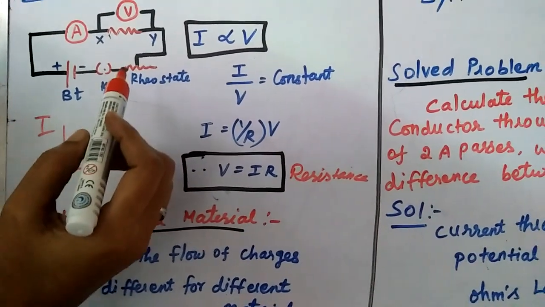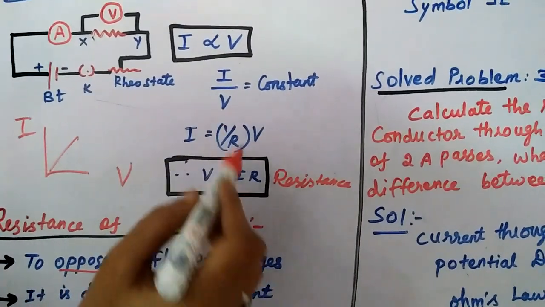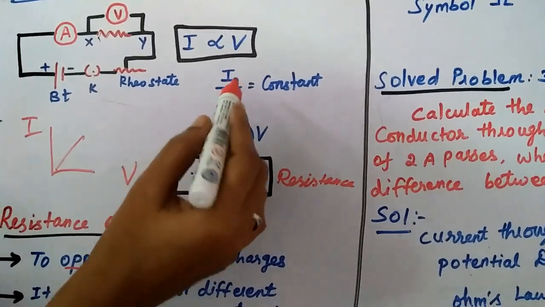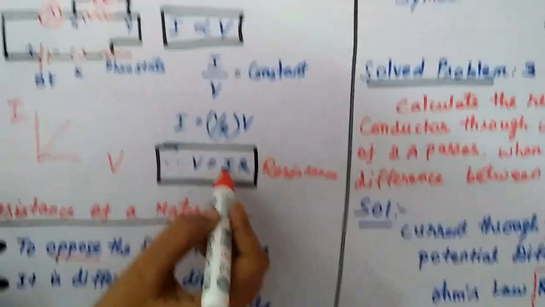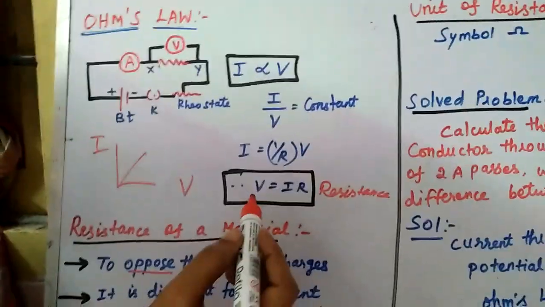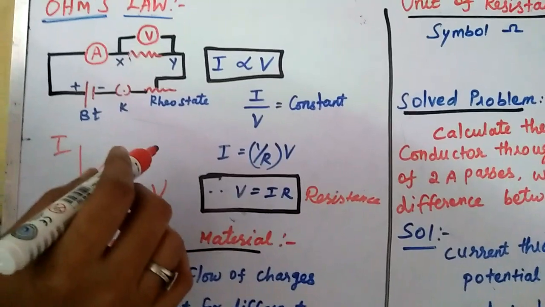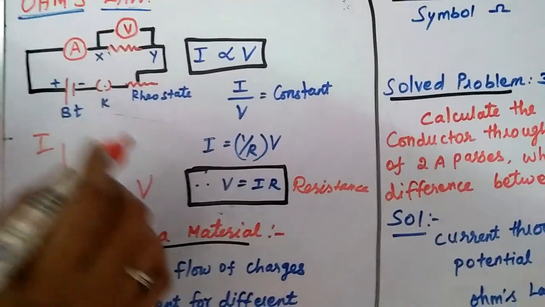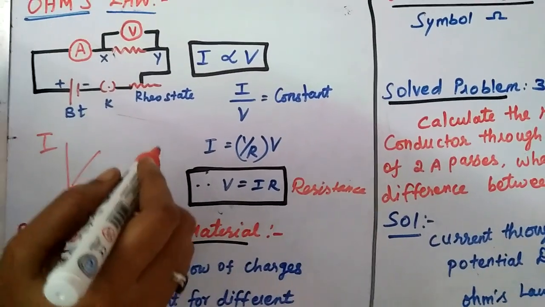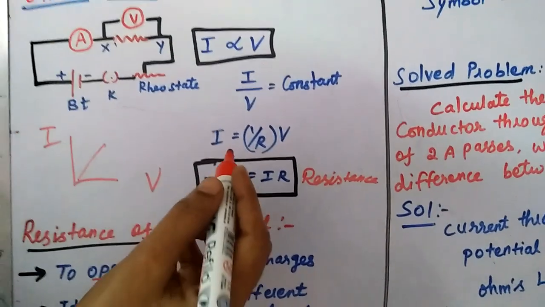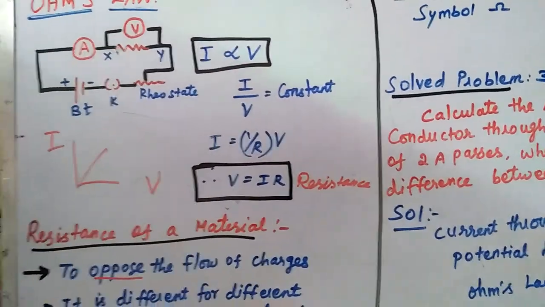So from the equation, I by V is constant, and the formula V is equal to IR. Based upon this, the variations in the current for the same values of potential difference indicate that the resistance of different materials is different.